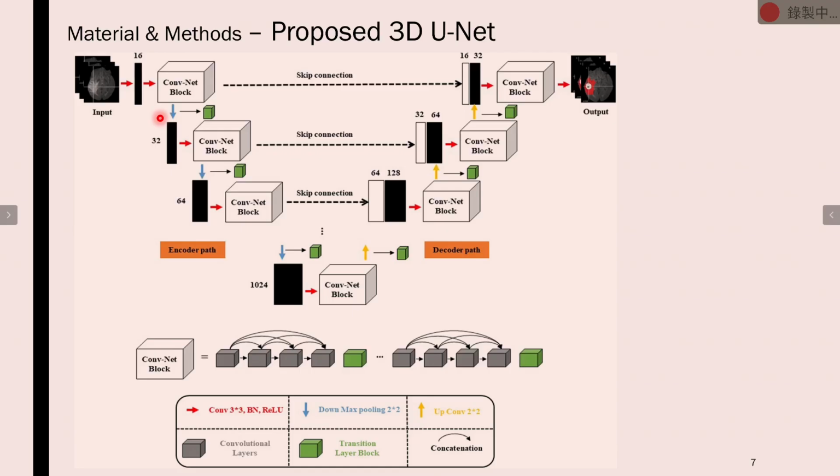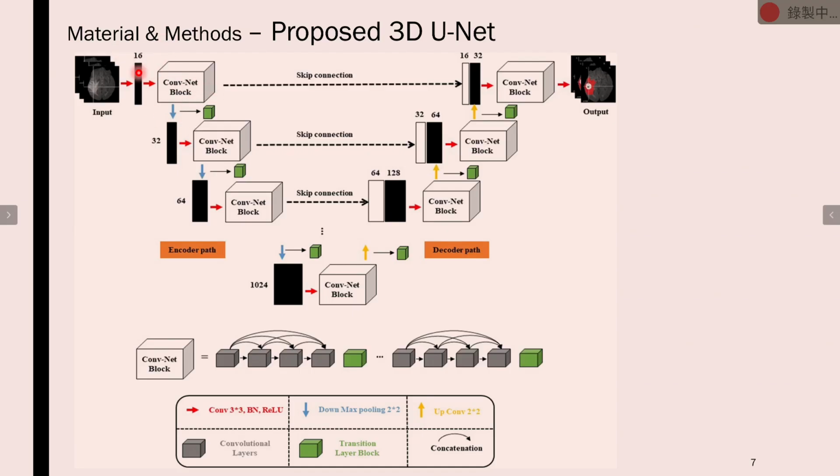In every layer, the convolutional block creates a feature map, and the number of feature maps means how many features it can catch in these layers.